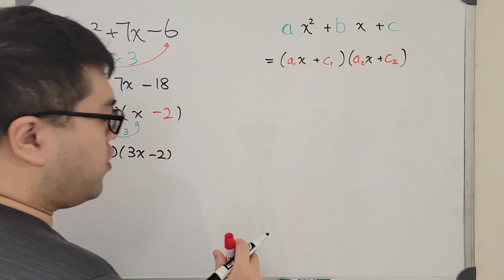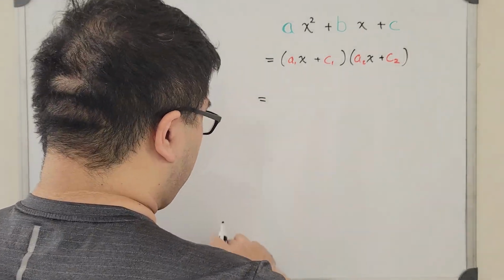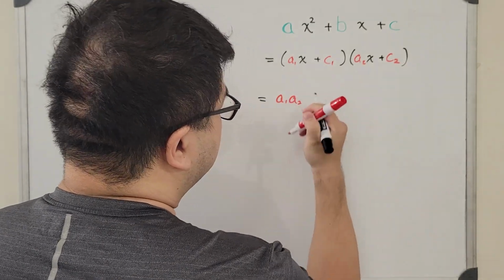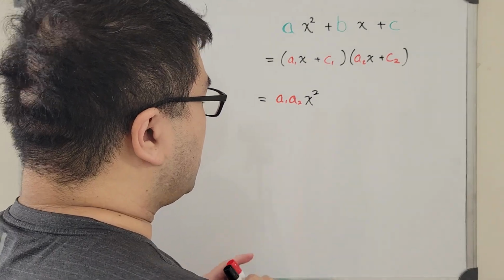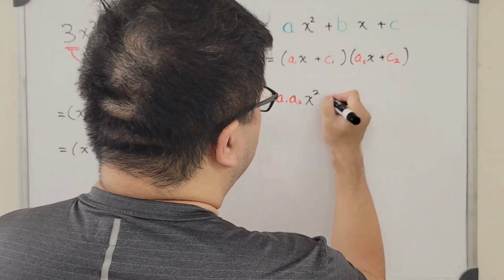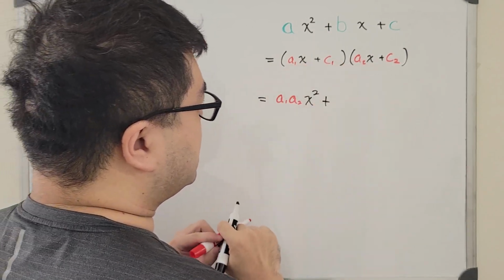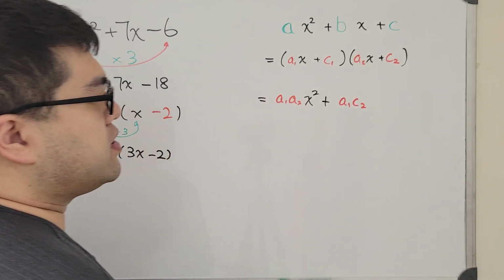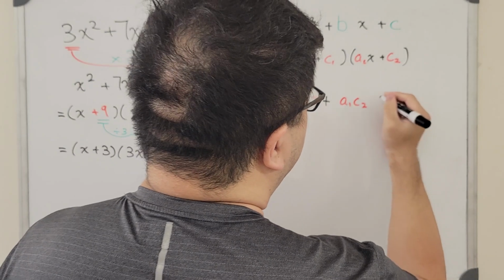So if we try to FOIL it out, we should actually get the first term, a1 a2 times x squared, plus the outer term, which is a1x times c2. So we can just put the a1 c2 together, and then of course there is an x.